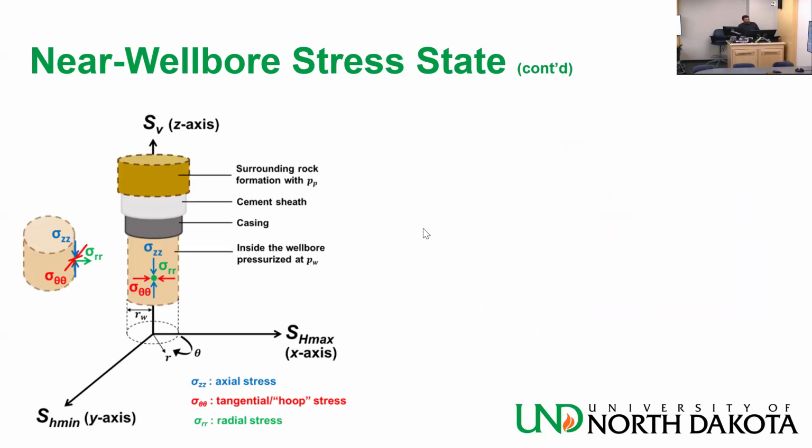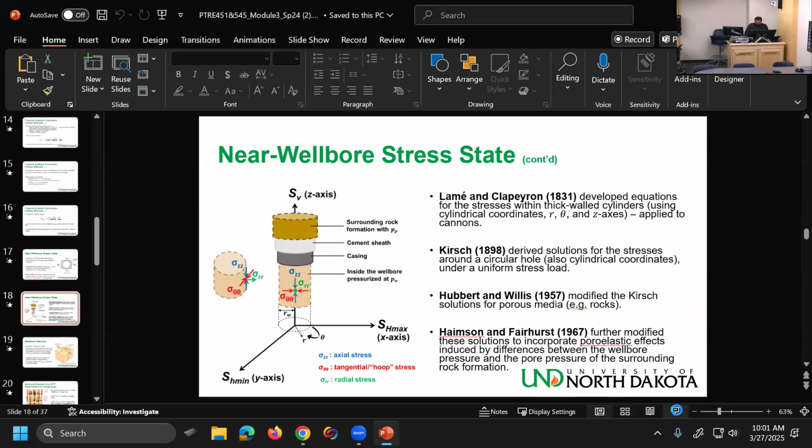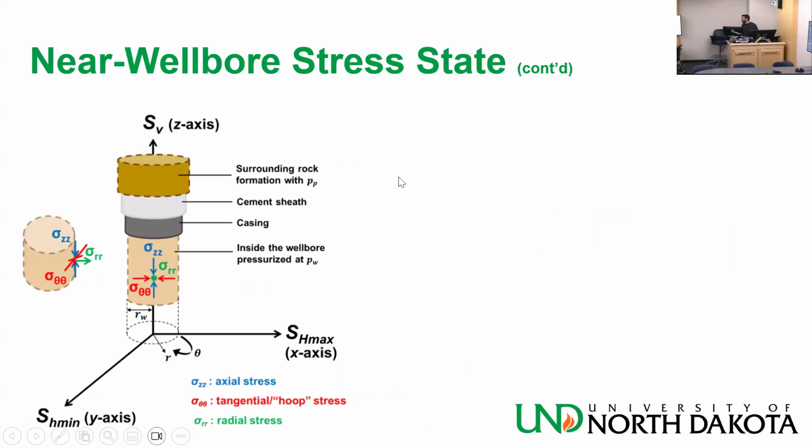Now, the equations for those stresses, well, we're not going to see them, but we are going to talk about a little bit of history, because the equations for those stresses are extremely important, especially for us drilling people.